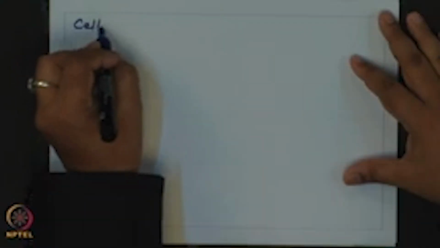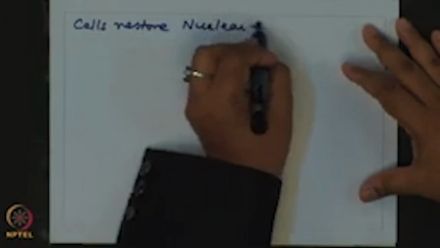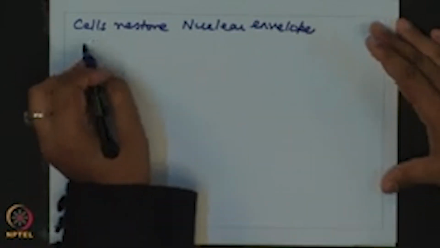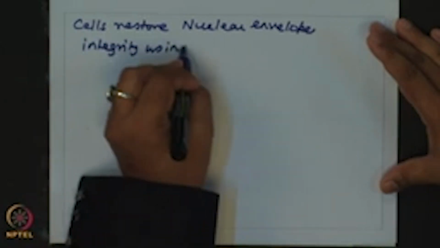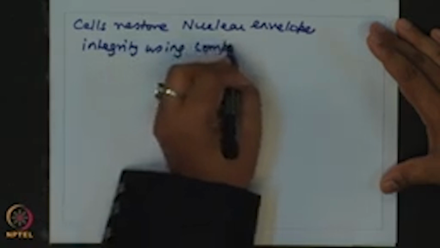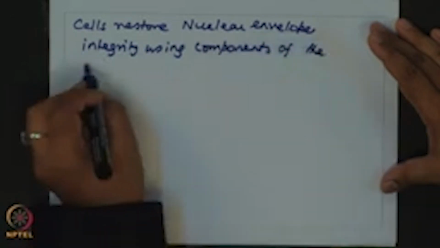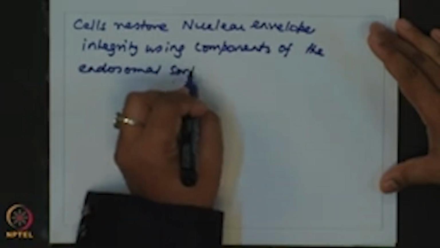Okay. So, eventually cells restore nuclear envelope integrity using components of the endosomal sorting complexes.